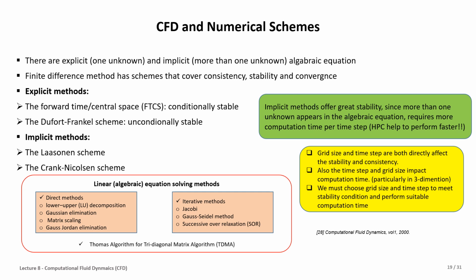The iterative methods are used for Jacobi, Gauss-Seidel, and successive over-relaxation, SOR. For the triangular matrix algorithm, the Thomas algorithm is also available for this kind of problem. And of course, it requires the knowledge of which one needs to be selected depending on the scheme and the problem.